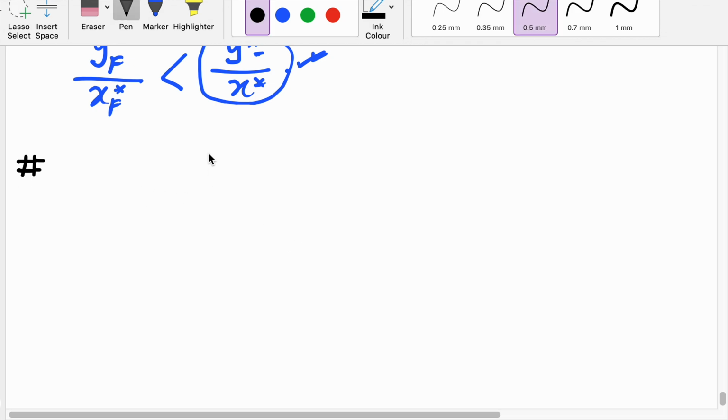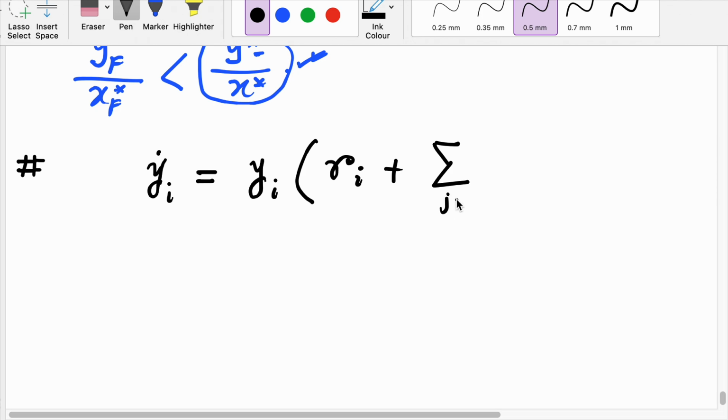Now another thing: what is the relation between this Lotka-Volterra equation and the replicator equation? Suppose instead of two species, there are n species. Now if yi is the relative abundance, then we can write this Lotka-Volterra equation in this way: with bij yj, and this is the Lotka-Volterra equation.